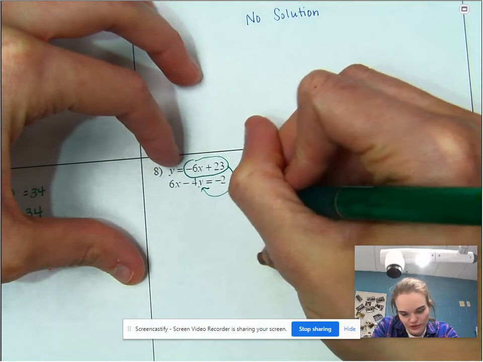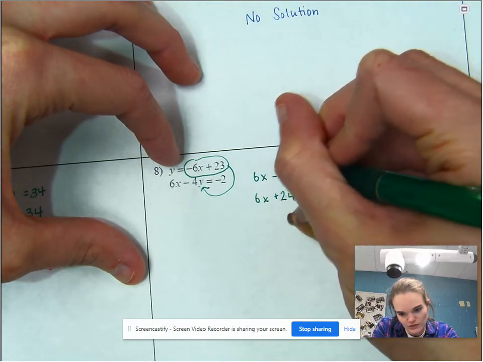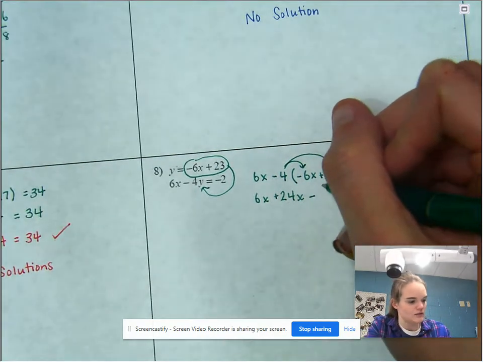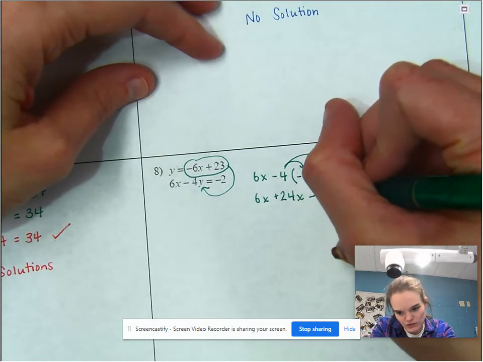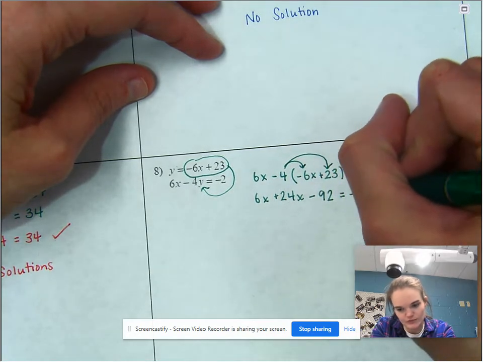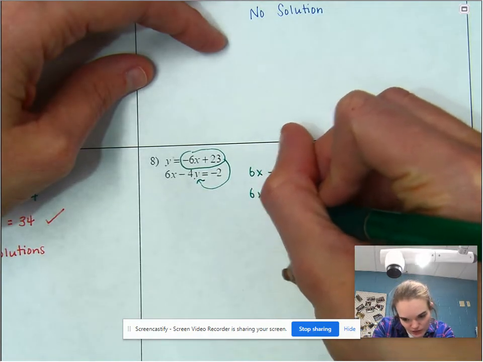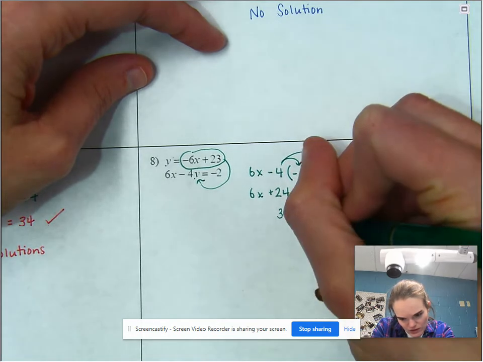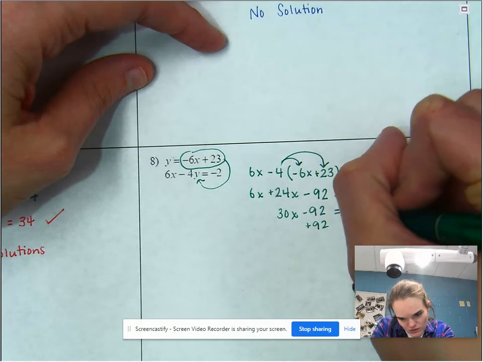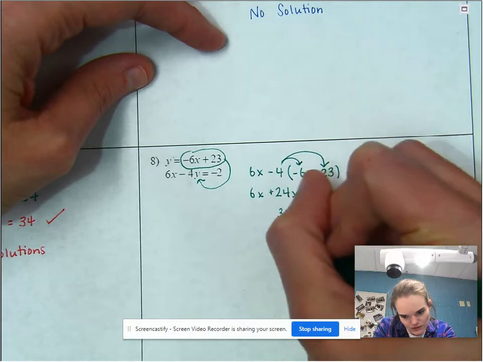And distribute, bring down 6x first. 24x, negative 4 times 23 is negative 92, and that is equal to negative 2. 6x plus 24x is 30x minus 92 equals negative 2. Add 92. 30x equals 90. Divide by 30.